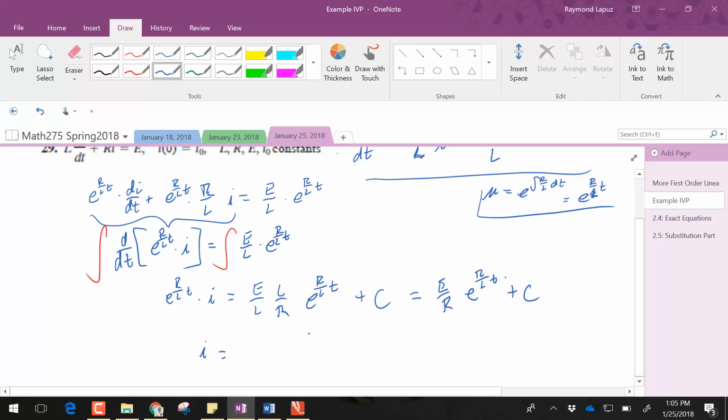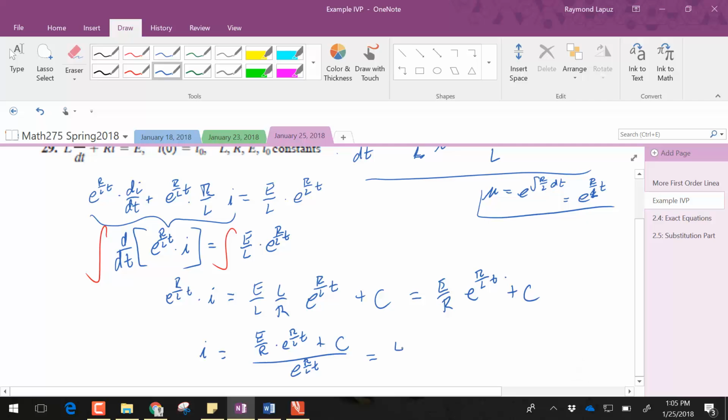I is equal to E over R times e to the R over L t plus our constant divided by e to the R over L t. And sometimes people simplify this and distribute and do all that kind of stuff.